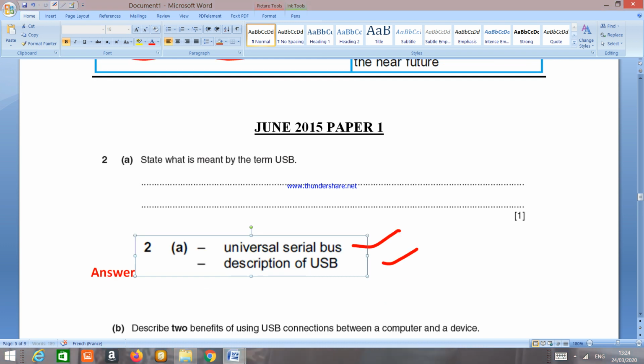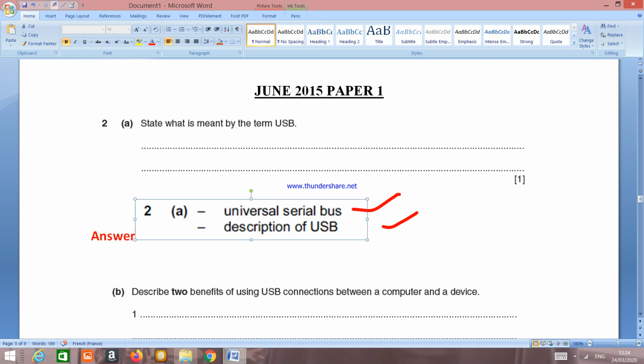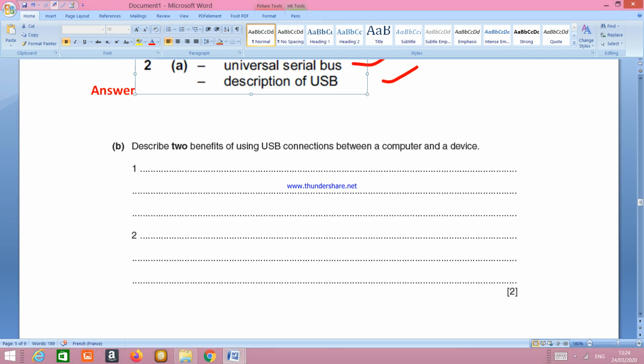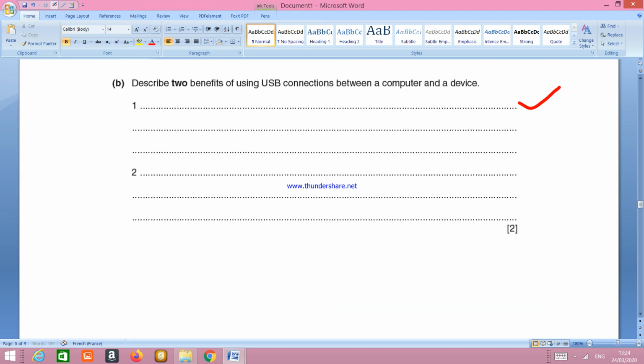It is universally used. Next question is: describe 2 benefits of USB connection between the computer and a device.